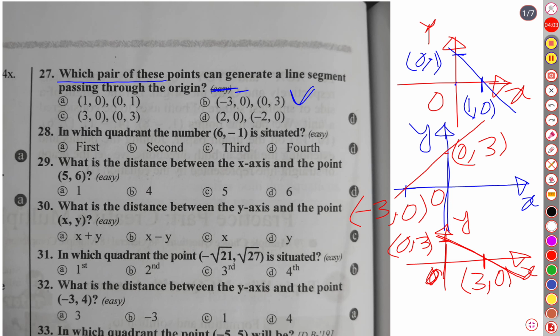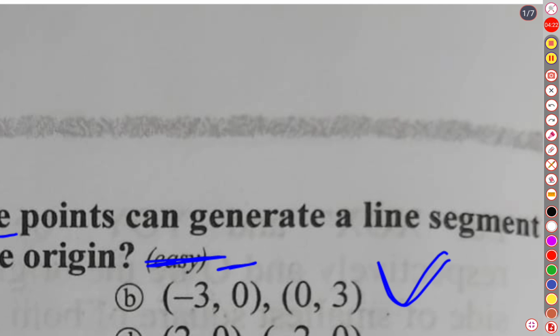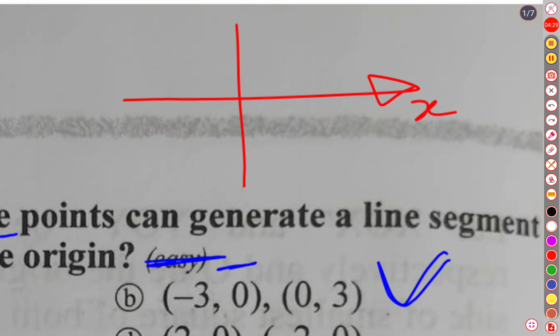Then the last option is left, so definitely the last option should be our answer, but we will have to verify how it works. Let me draw over here, x-axis as well as y-axis.